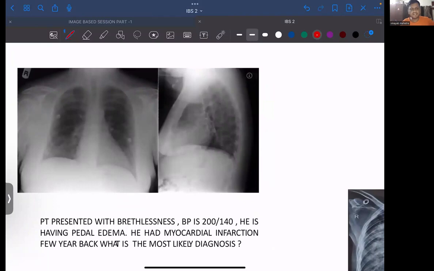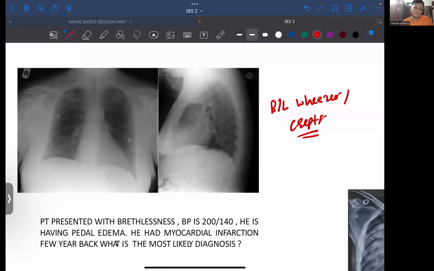Patient presented with breathlessness, difficulty in breathing, or you can call it shortness of breath. BP is 200 by 140. Patient is having edema. Patient had a history of MI. Bilateral wheezes or crepts are present on auscultation.